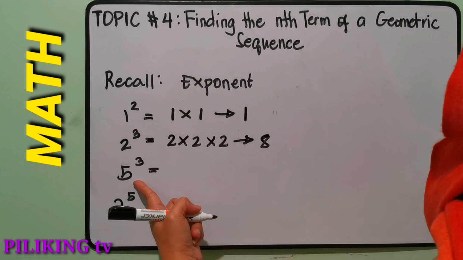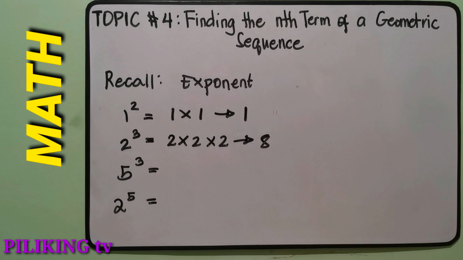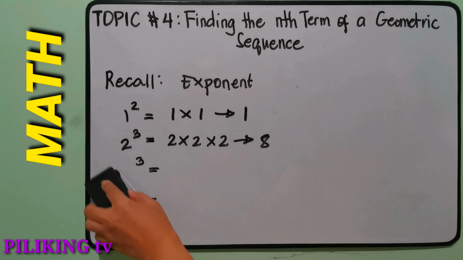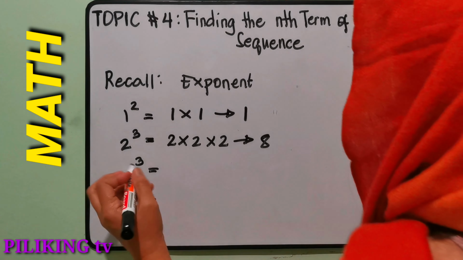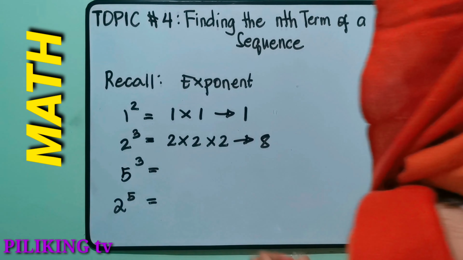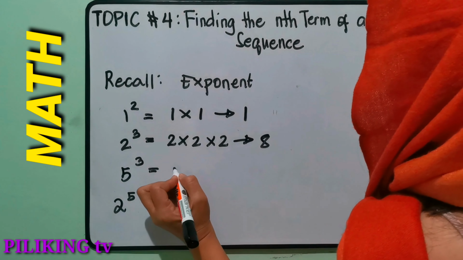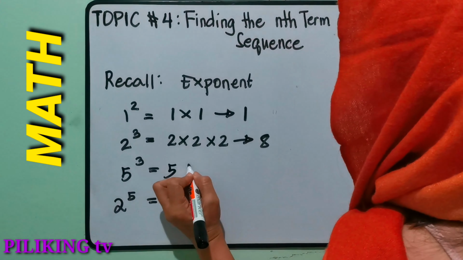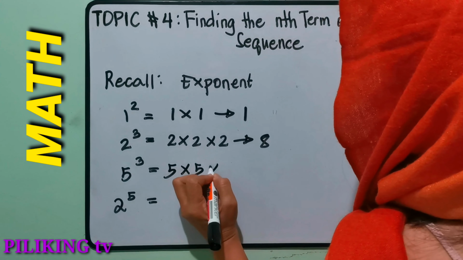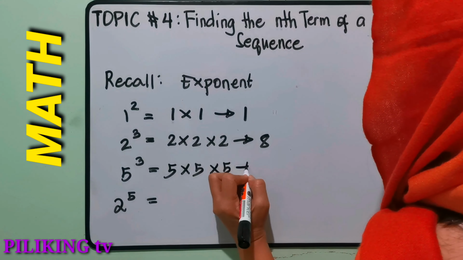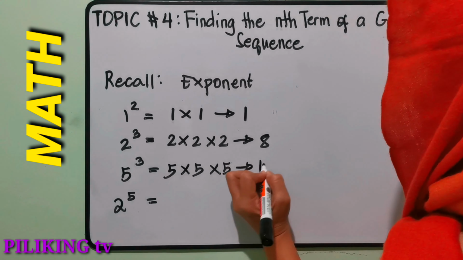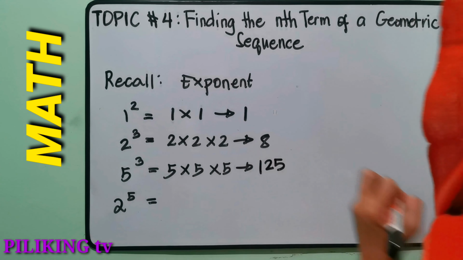Next we have 5 raised to 3. Our exponent is 3 and the base is 5. So you have to multiply 5 three times. Therefore, that is equivalent to 125.